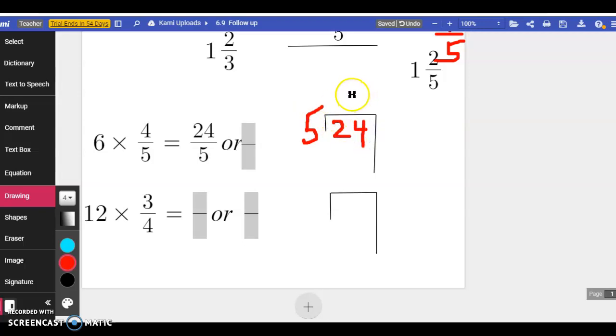I know that 5 times 4 gets me closest to 24 without going over. 5 times 4 is 20. Subtract, leaves me with 4. So remember, this is our whole number up here now.